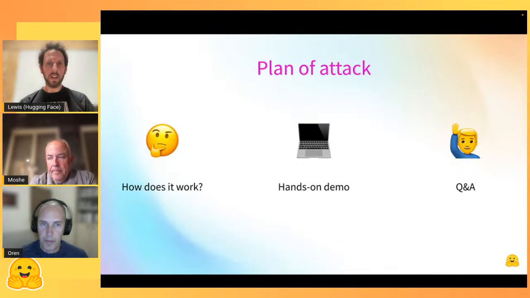The plan of attack for the workshop today is to give an explanation about what SetFit is and how it works, and also to talk about some of the advanced techniques we looked at in our paper on compressing these models so that you can essentially deploy them on very small devices or at scale if you need to. We'll also do a hands-on demo showing you how we can do this in code on Colab. And as I said before, if you have any questions, just chuck them in the chat and we'll answer them on the fly or as we go.